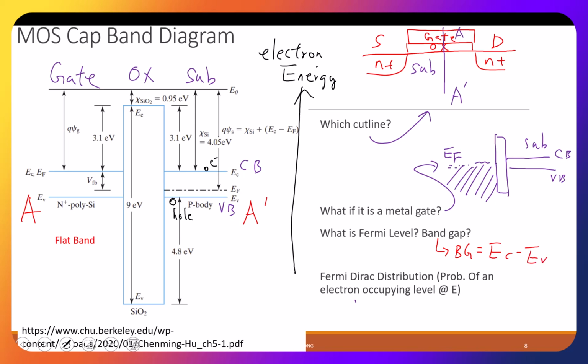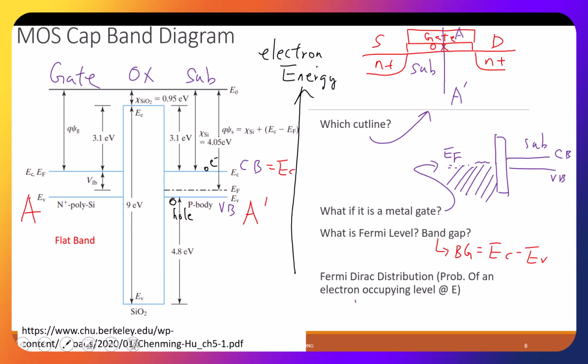This is the EC conduction band, and this is the EV. Actually, we already have EC and EV here. EC minus EV is the band gap. It's a gap. You do not allow electron to have energy at this level. Okay? Just physics, take it for granted.